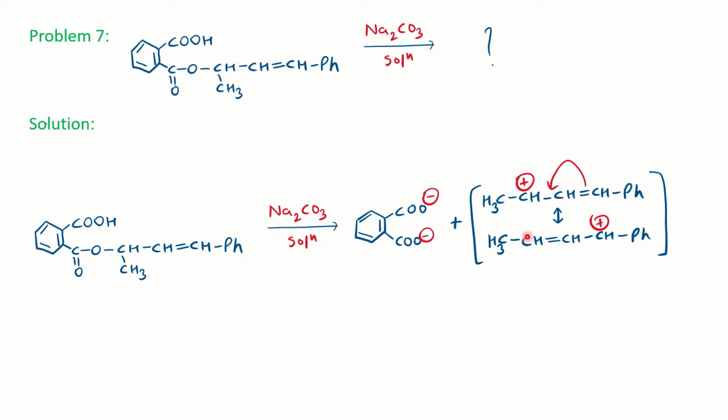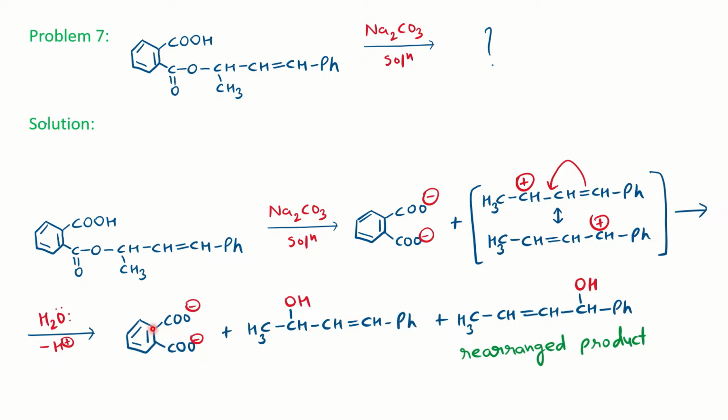Therefore, you can assume the base catalyzed alkyl cleavage. Base catalyzed alkyl cleavage forms the carbocation, which is stabilized by resonance. So you are getting two carbocation intermediates here, and with the nucleophilic attack on these carbocations, one forms the normal retained configuration and the other is a rearranged product.